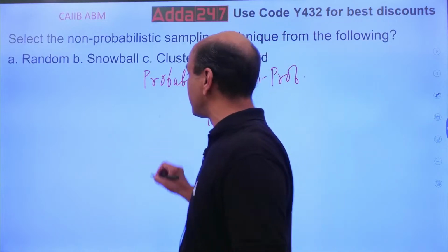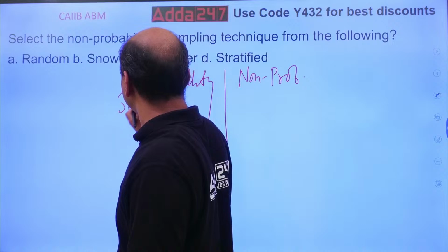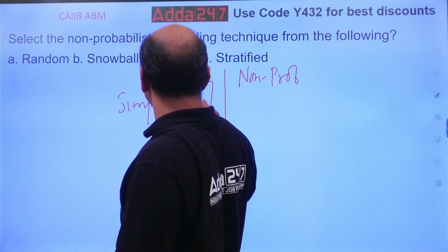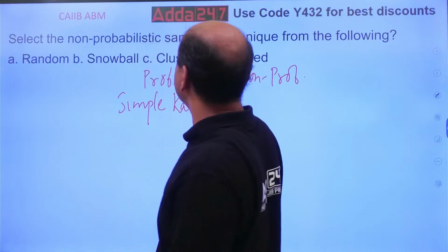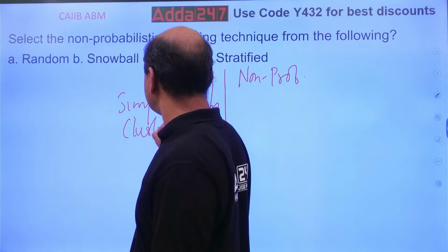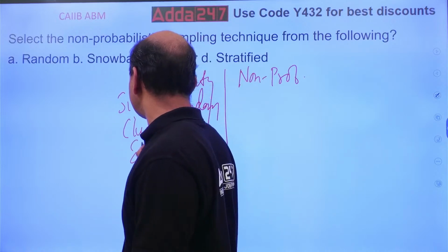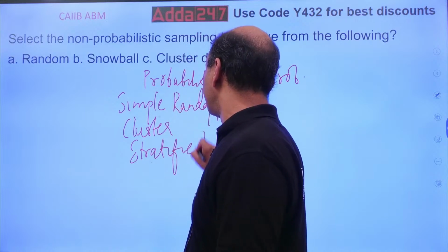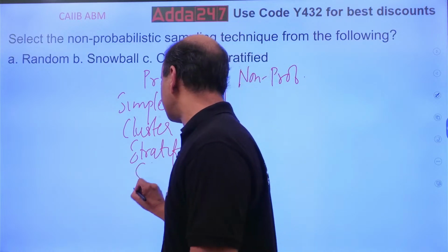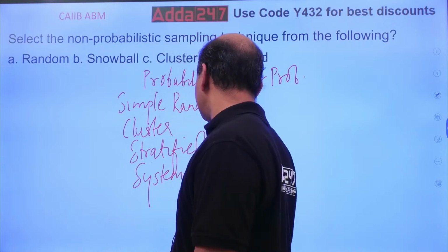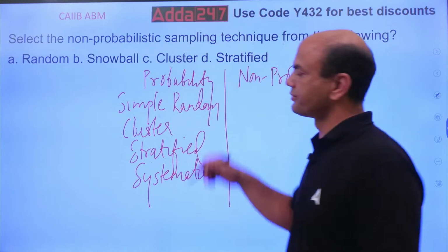First is simple random, second is cluster, third is stratified, and the fourth one, which is not given here, is systematic. These are the four types of probabilistic sampling.